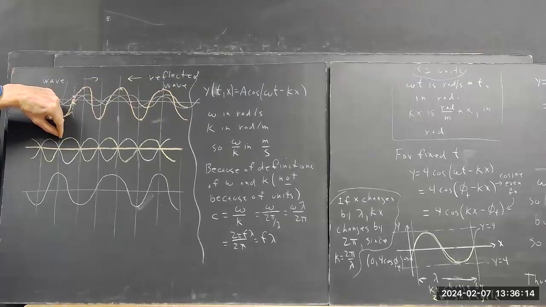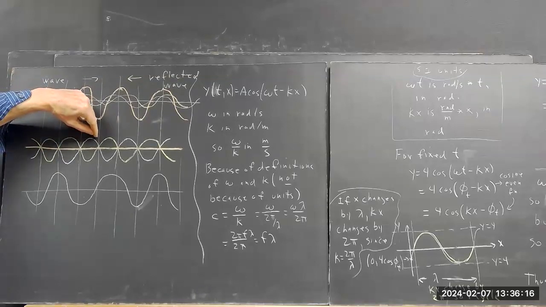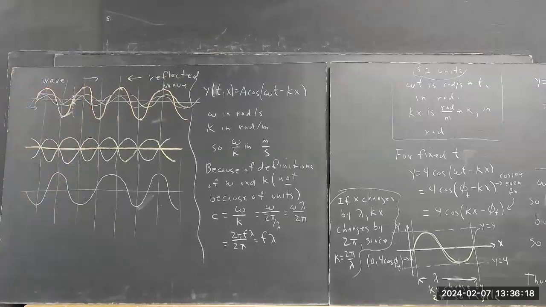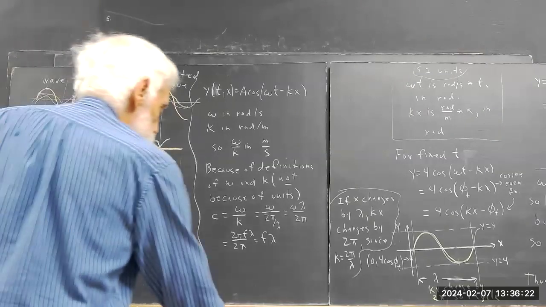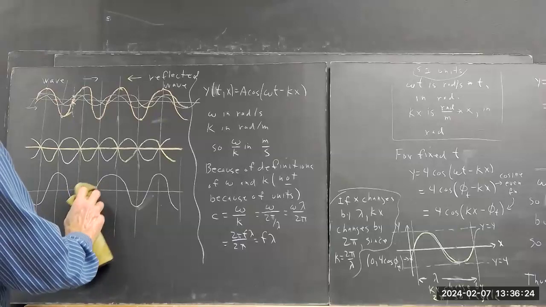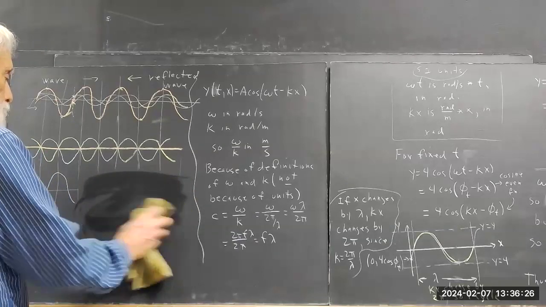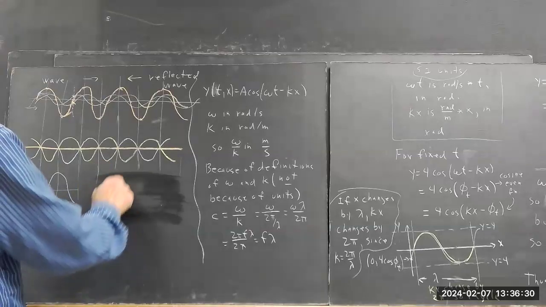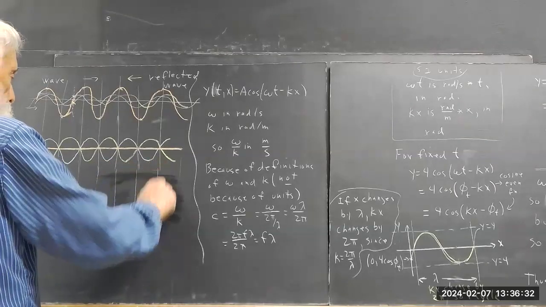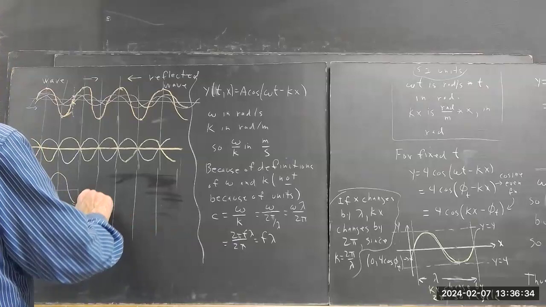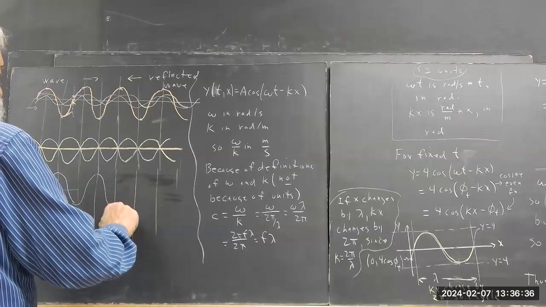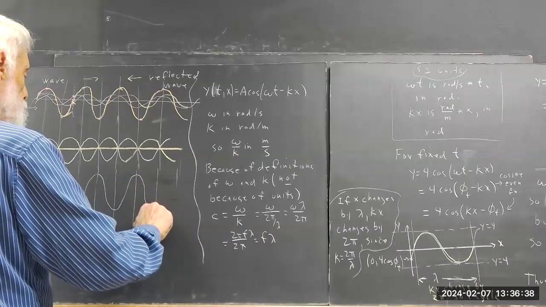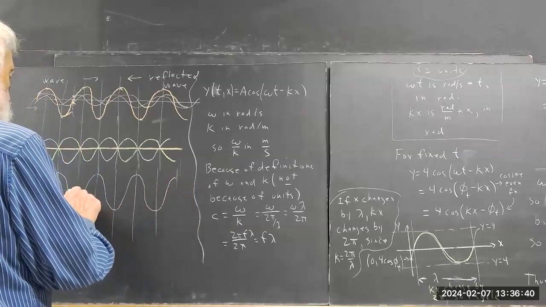This peak will go to here. This peak will go to here. Uh-oh, I was afraid I was going to do that. Valley, peak has to be here. Valley here, peak here, valley here, peak here.